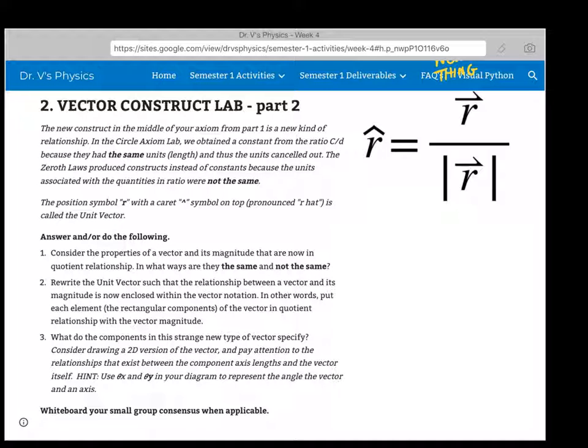They're not the vector itself. They are the length along those particular axes.